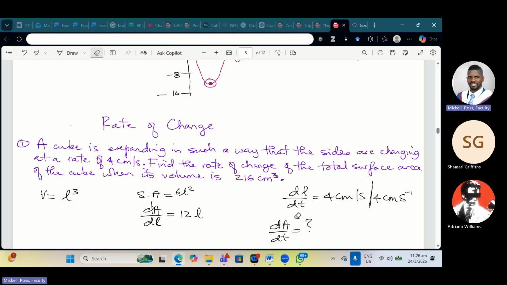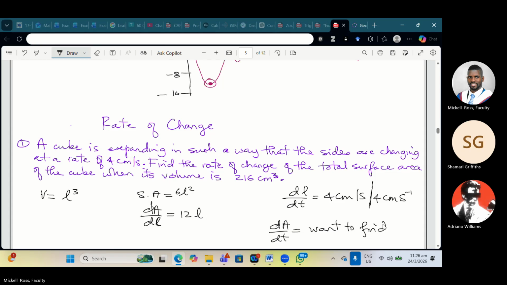Let me just write it different. Rate of change talks about how fast something is changing over a period of time. So we want to find the change in the area with respect to time.